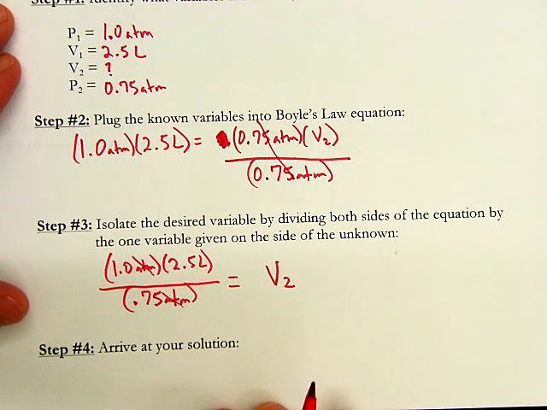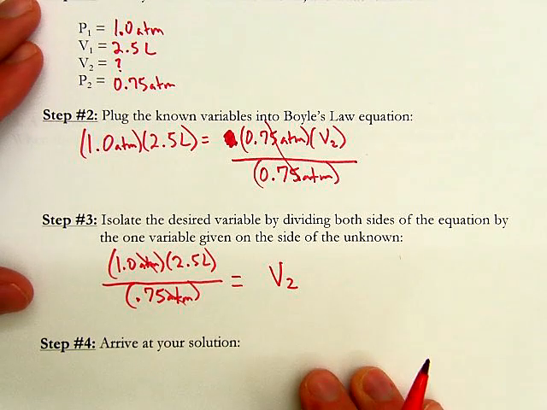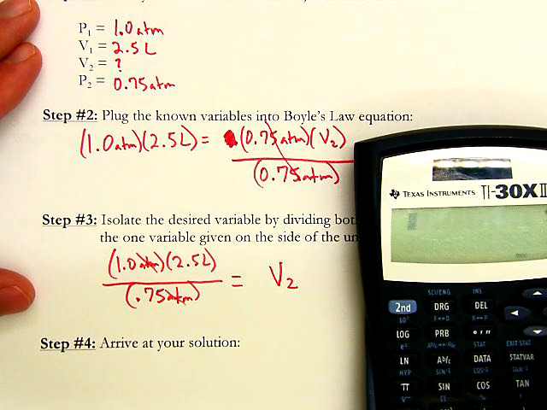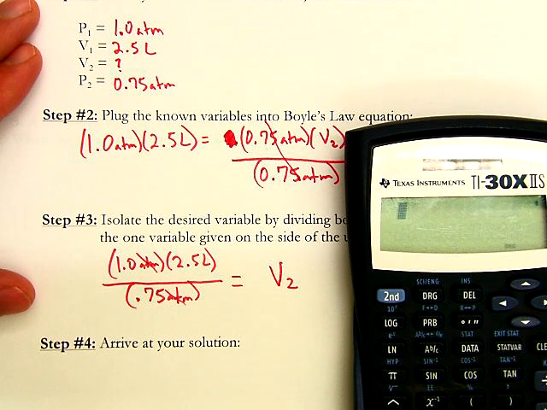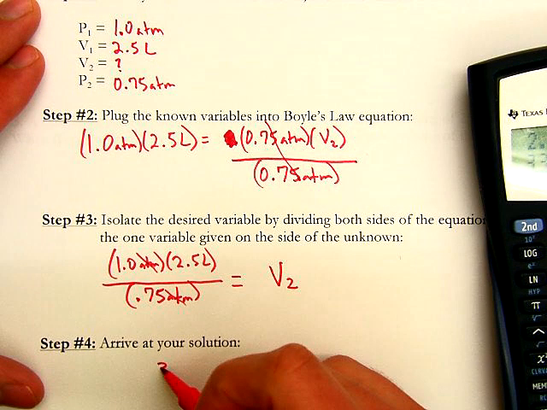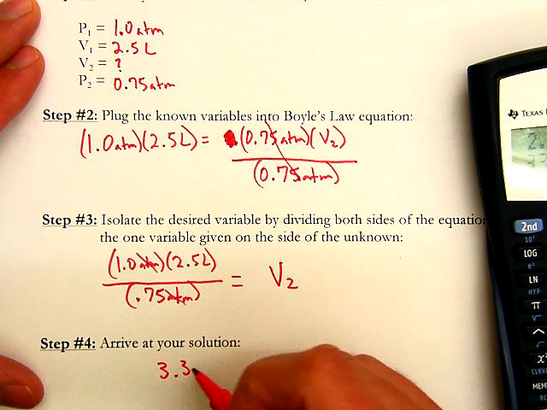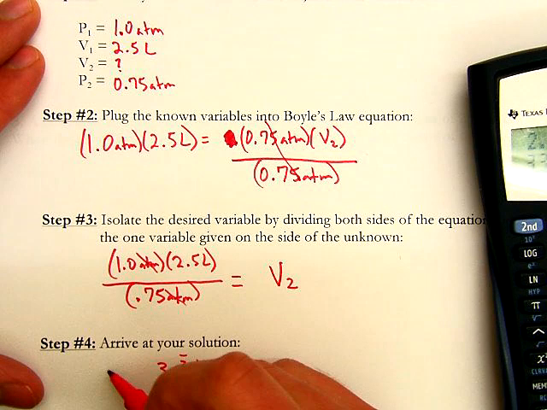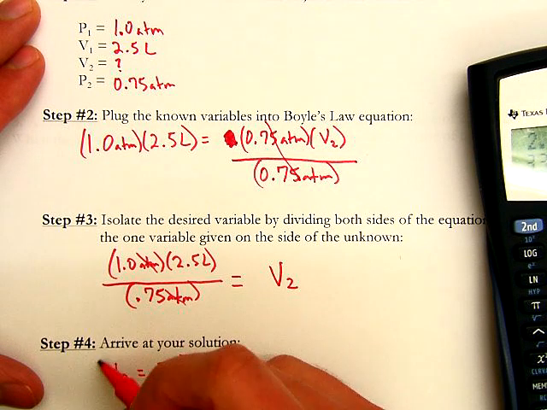So if you take 1 times 2.5, that's 2.5, and that gets divided by 0.75, you get your solution, which is 3.3 repeating, and this is in liters. This is going to be what your V2 equals.